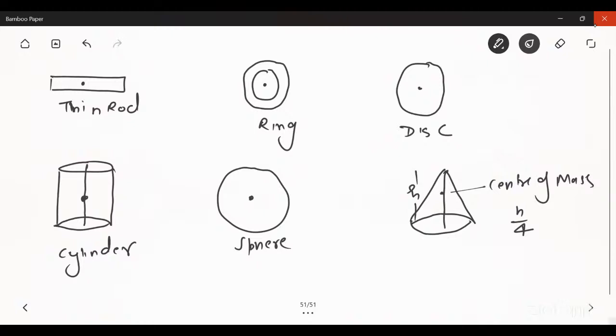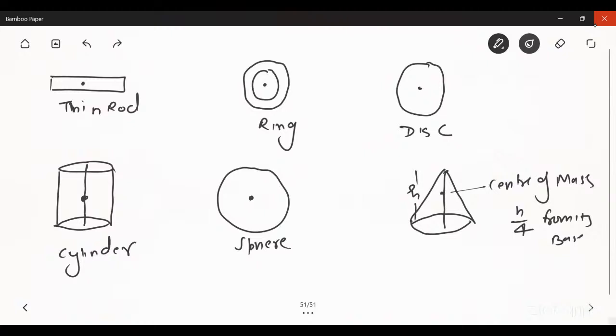So that's why the center of mass and center of gravity do not coincide. The center of mass is a point where the whole mass of the body is supposed to be concentrated, and the center of gravity is the point where the whole weight is concentrated. Center of gravity is always at the midpoint, and center of mass may or may not be at the midpoint. So both are different things from each other.